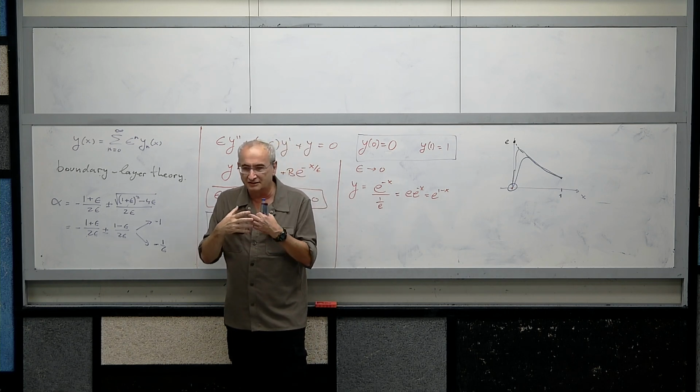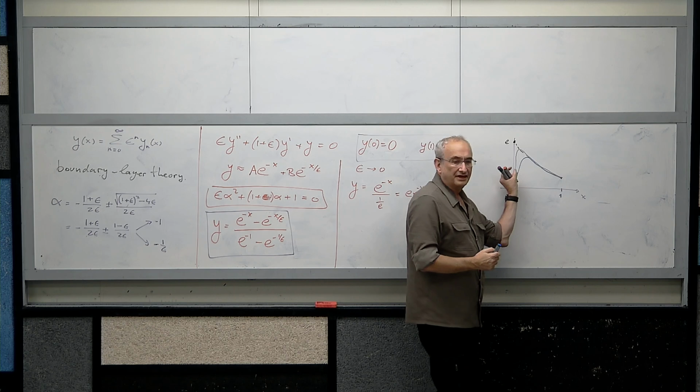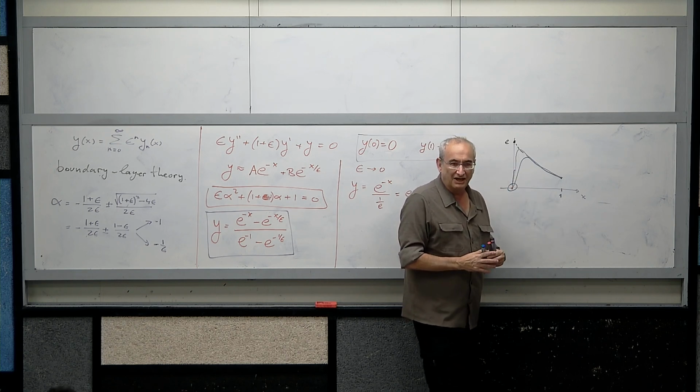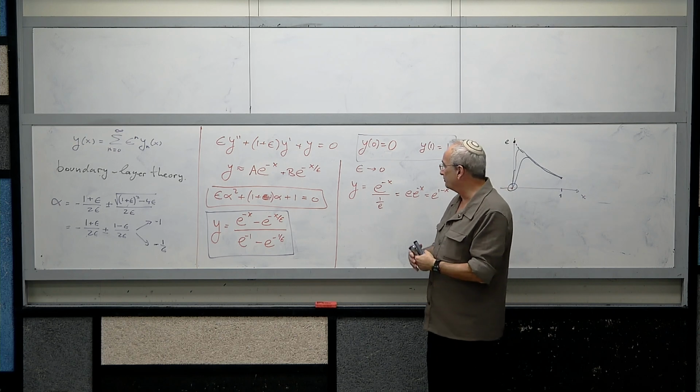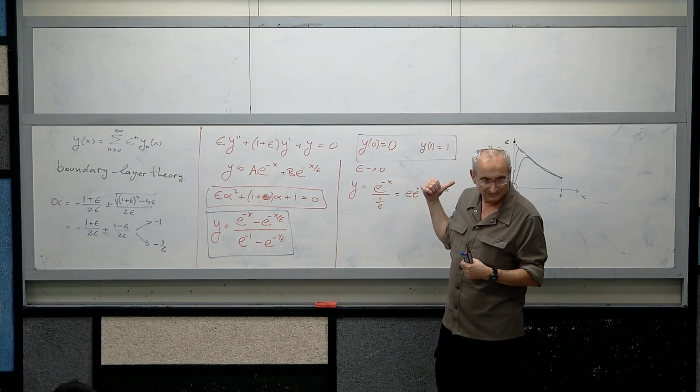If epsilon is very small, the smaller epsilon is, the thinner this boundary layer is. But the point is that it's singular perturbation theory because it never converges to this region.